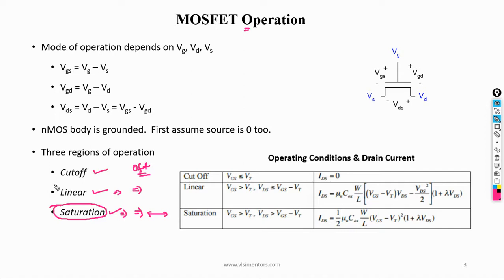Now remember one thing: if you are working on digital ICs, digital circuits, you would only have to bother about two states. One is cutoff, and another one is saturation. Nothing else. Linear is something that we don't even bother with. Either we operate at 0 or 1, and we always operate at strong 0 and strong 1.